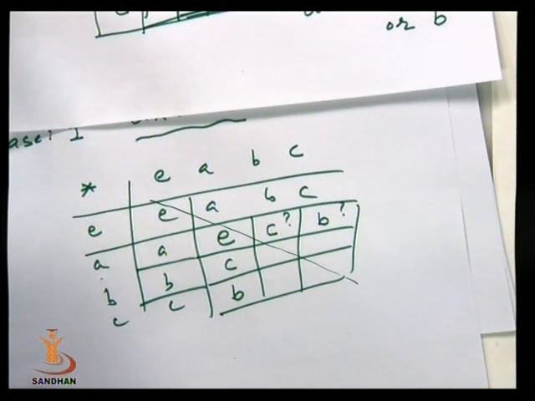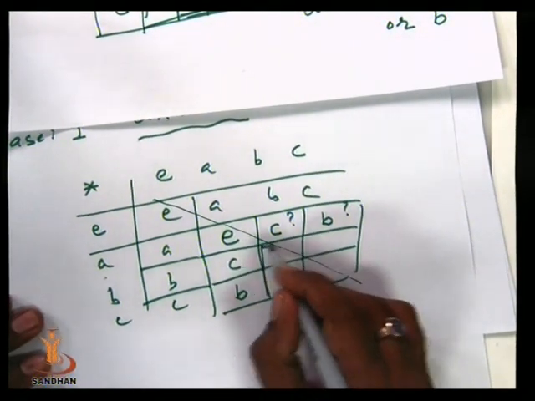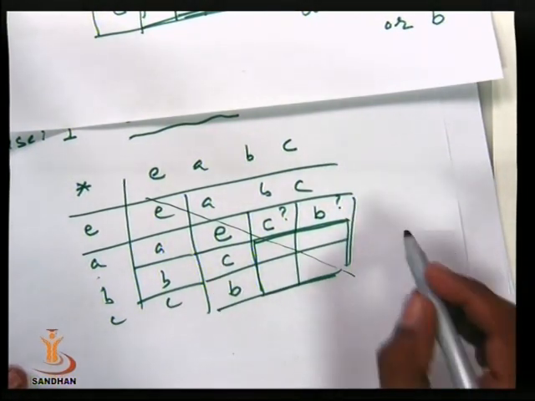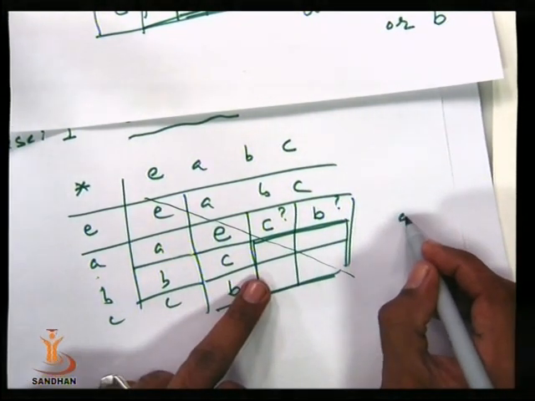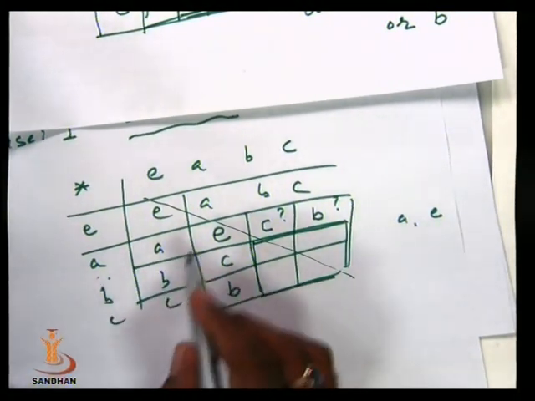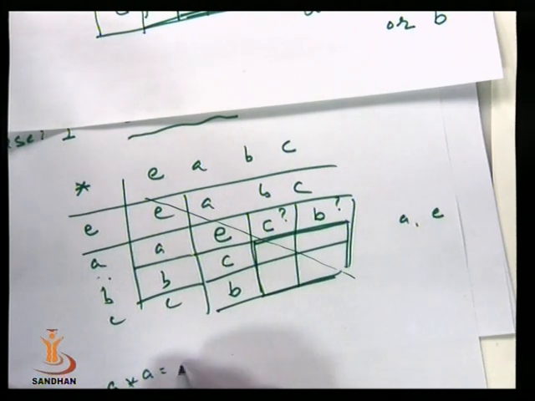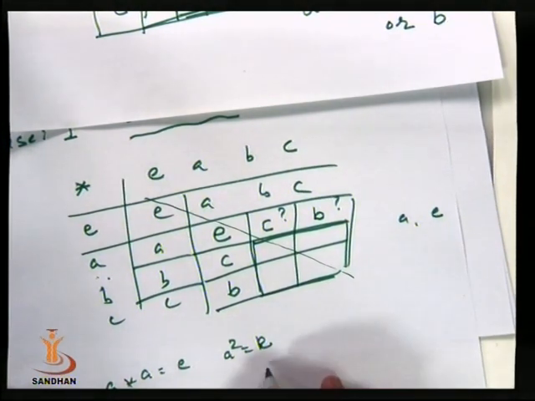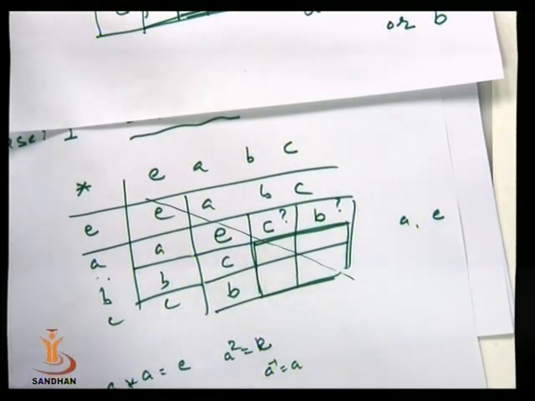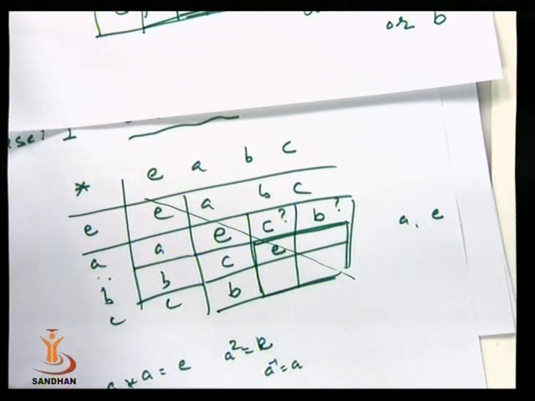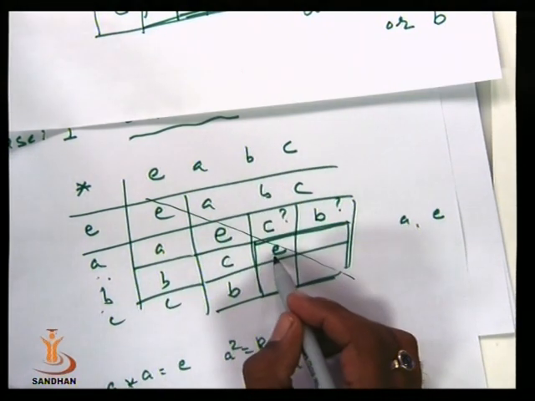And again we have 2 possibilities here. We got B and C here, so either this may be A or this may be E. Here A star A is equal to E gives us A square is equal to identity; in this case the inverse of A is A. Same way, if we put E here, then B star B is equal to identity.